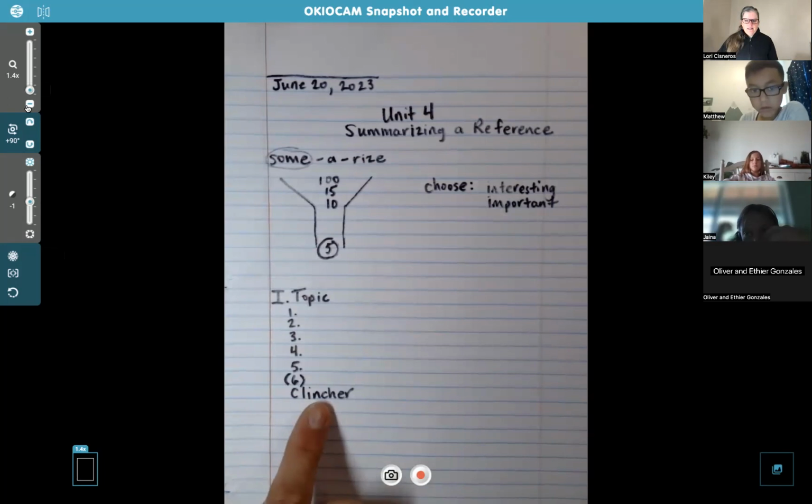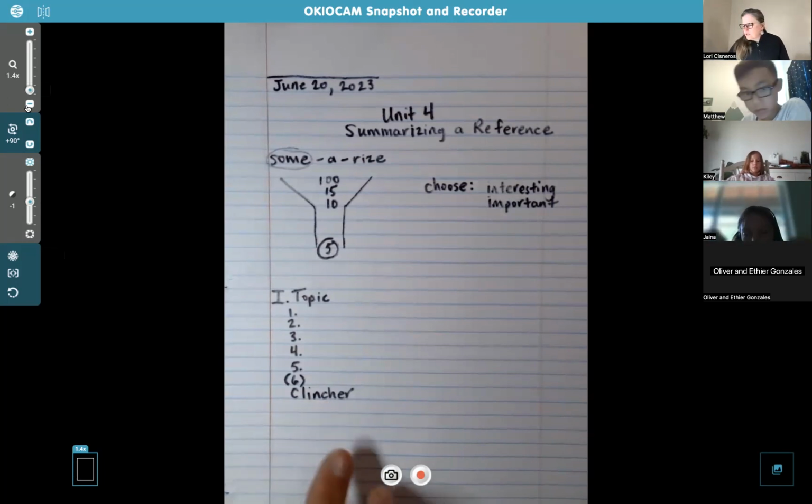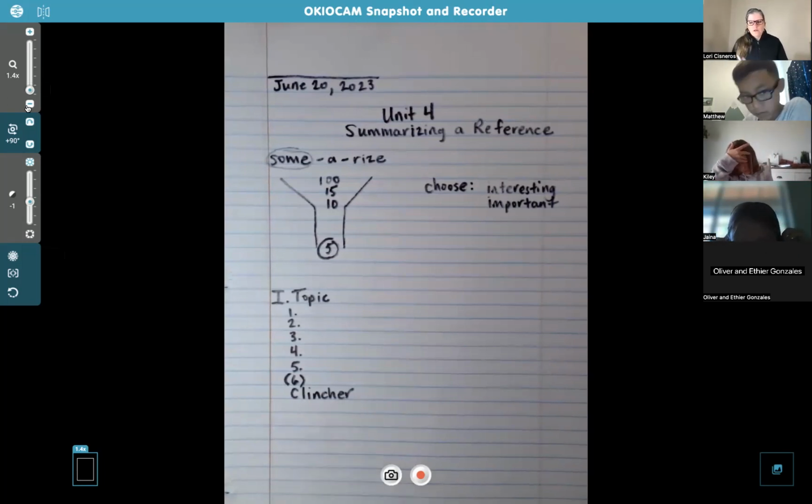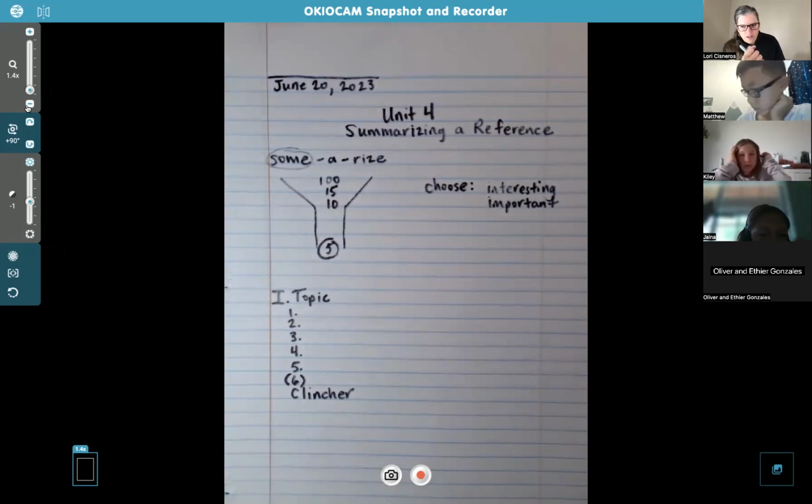comes at the end. And that word clincher reminds me of the word clinch. If you know that word, it means to hold on to something really tightly. So if you grab your pencil and squeeze it with a fist like this, let's pretend your little brother or little sister or your little cousin wants your pencil and you're trying to do your homework and they're trying to grab it out of your hand.